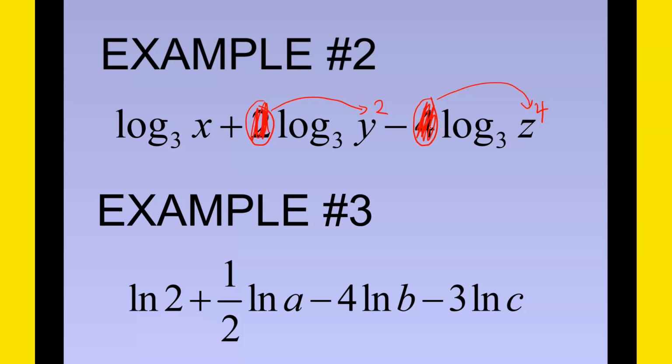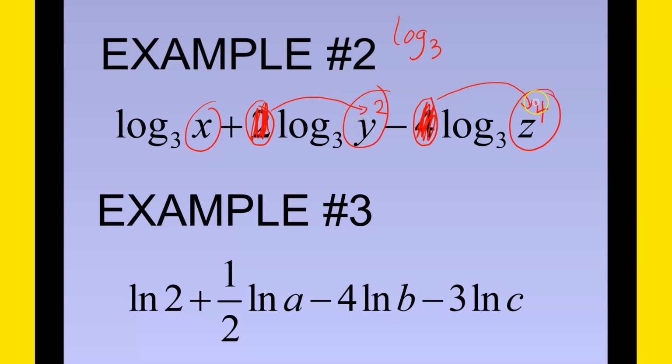So now when I write my final answer, it's going to be one single log base 3 with this and this and this coming together. Now how are they going to come together? Since this one is plus, the x and the y squared are going to be multiplied. Since this is minus, the z to the 4th is going to be divided. In other words, anything that's added is going to go in the numerator.